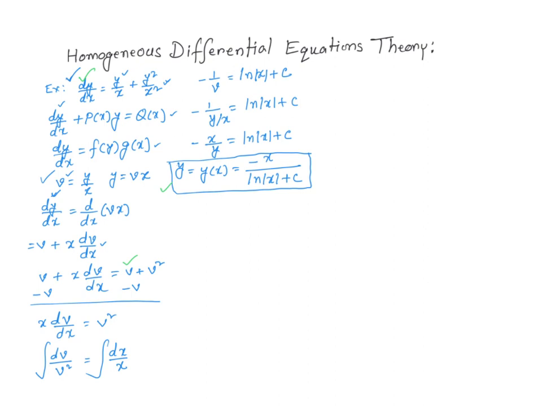Now, this is an interesting way of solving a differential equation that we cannot solve with our usual techniques, like integrating factor or separation of variables. However, we can make a substitution and convert it into an equation that we can solve, in this case, separation of variables.